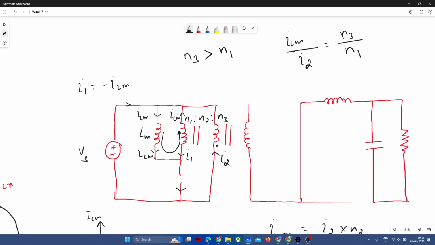If you increase the N3 turns significantly, then your ILm will be much higher, no matter how much the magnitude of I2 is. Since ILm depends on turns ratio here, its decay period will also depend on that factor. So turns ratio is a significant parameter that will influence many things in the circuit. So this relation we are writing for the discharge, for the off period.